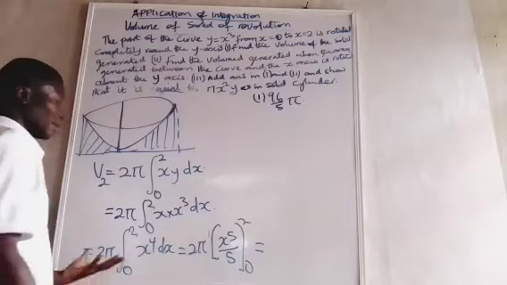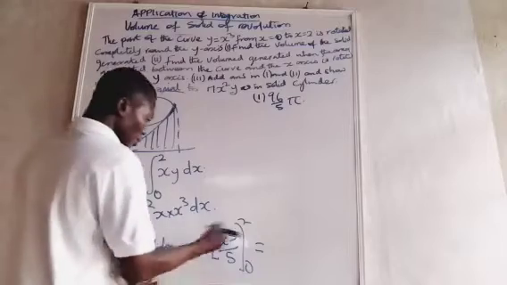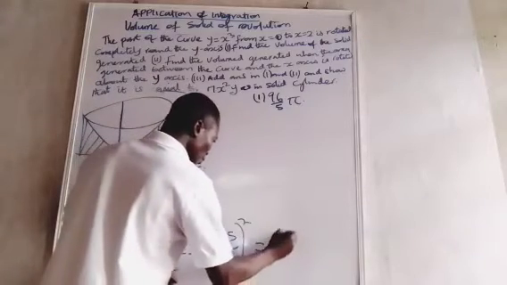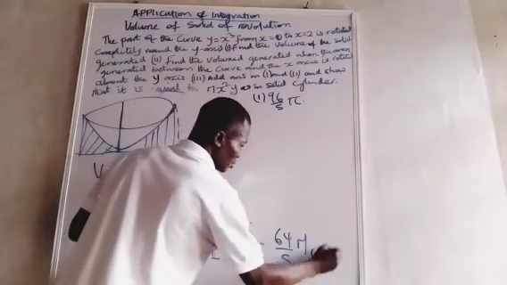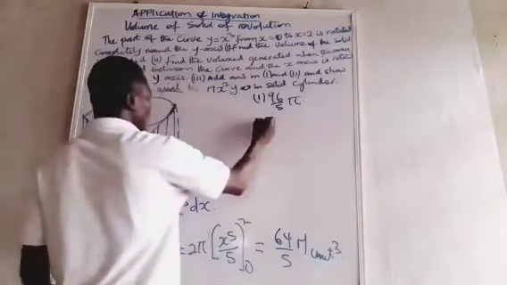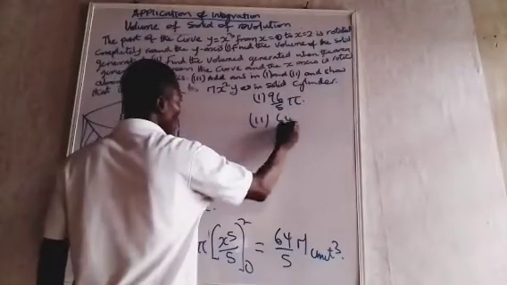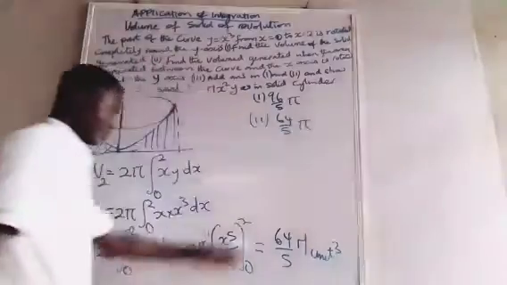And what is 2 raised to power 5? That is 32 times 2, 64. So we are going to have it as 64 over 5 pi. So the answer to number 2 is 64 over 5 pi.